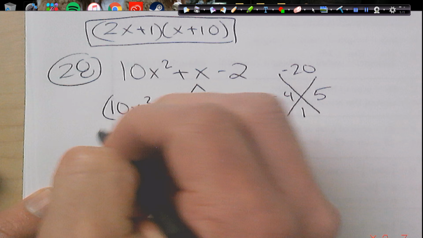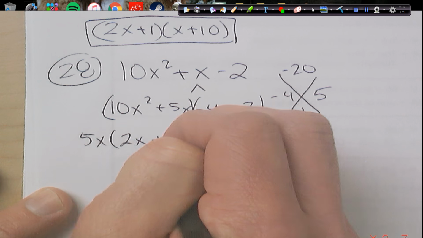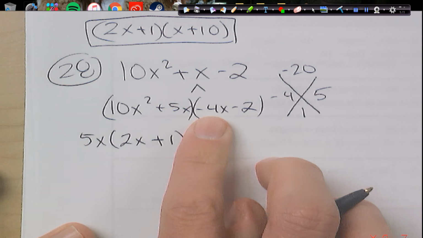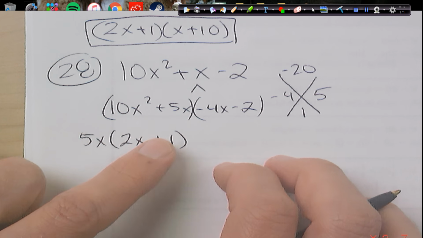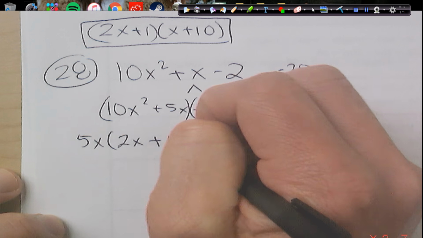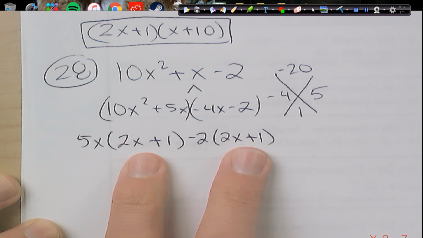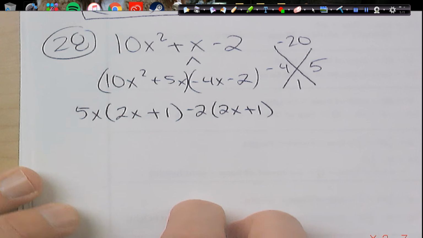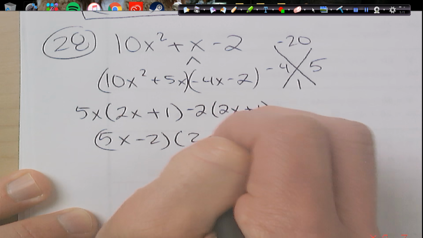Over here we can factor out a 5x, which leaves us with 2x plus 1. Over here I can factor out a 2, but since this 2x plus 1 is positive, I need to factor out a negative 2 to keep it the same. So they do look the same when I factor a negative 2 out. And we go ahead and get 5x minus 2 and 2x plus 1.